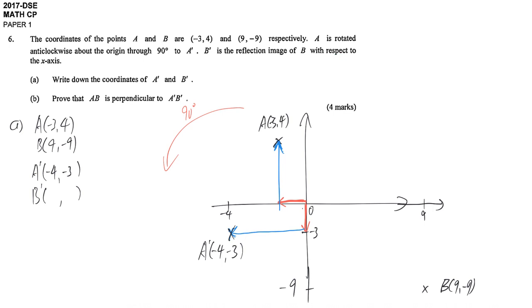The key point is you need to know where is the mirror. They say the mirror is the x-axis. So this point will jump over here. That's why the height is -9, then the new height is +9. So B' is 9, +9.